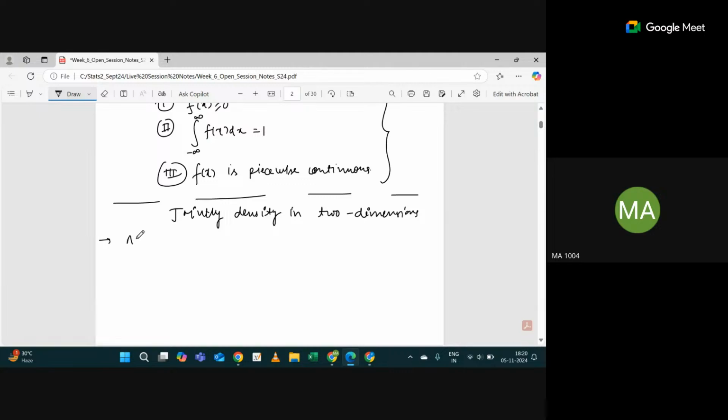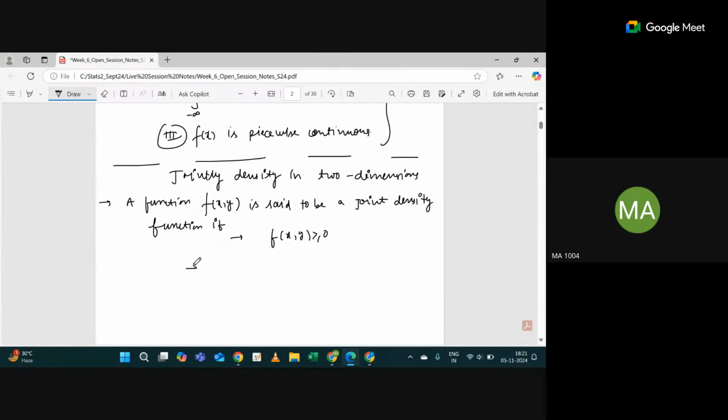Suppose I'm saying a function f(x,y) is said to be a joint density function if, first thing, the same approach, f(x,y) should be greater than or equal to 0.